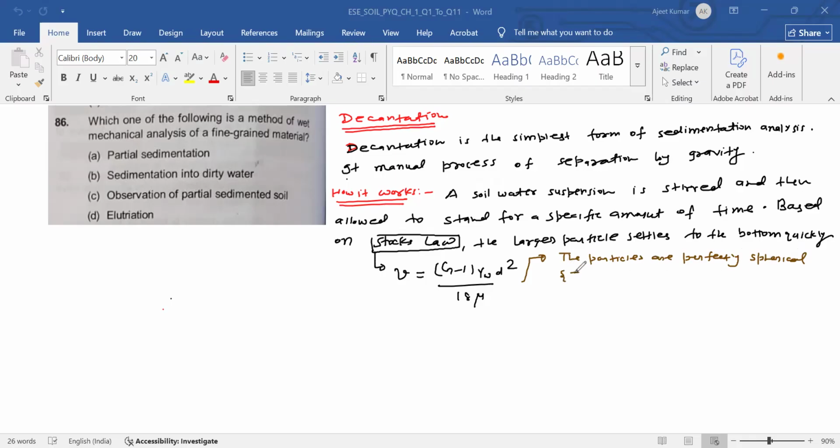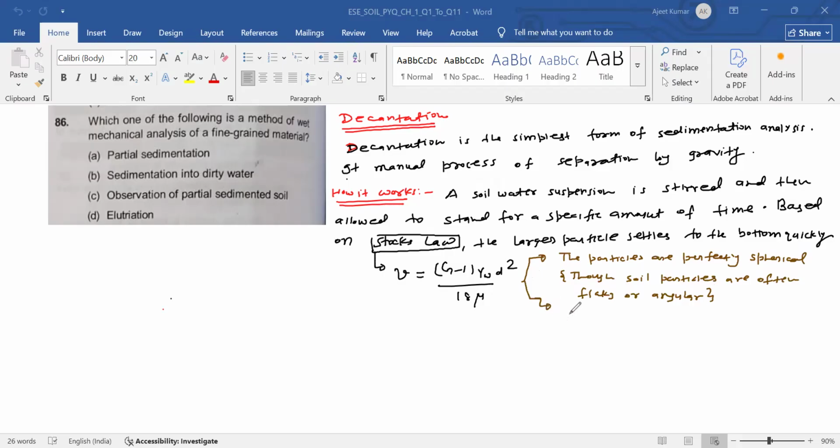The soil particles are often flaky or angular.